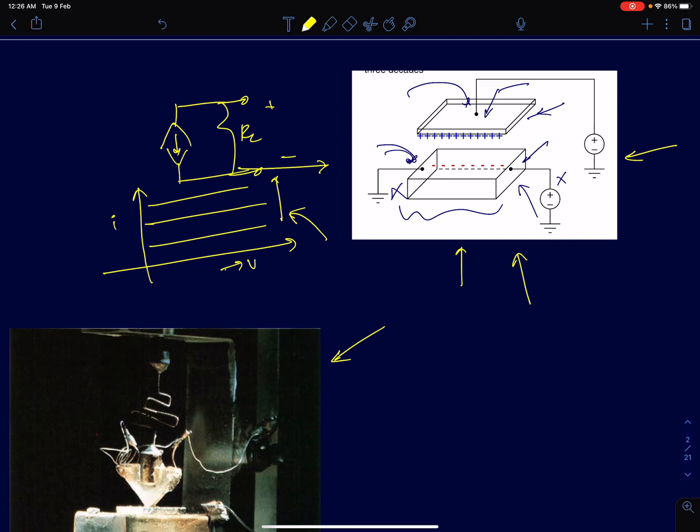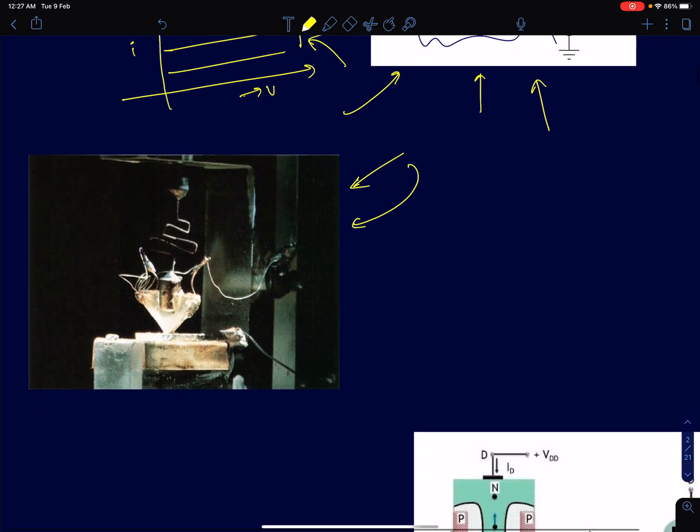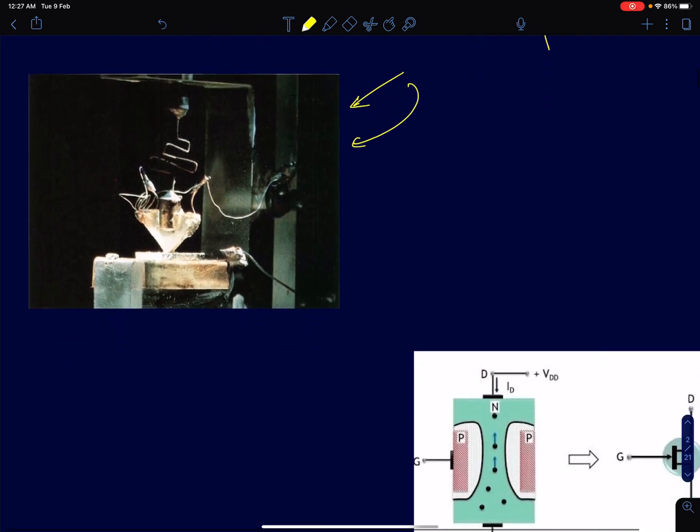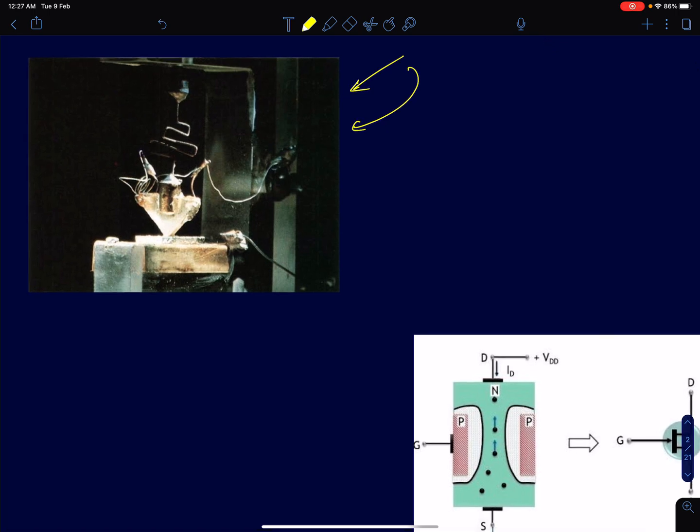In the process, the engineers at Bell Labs started by building a field effect device, but eventually landed up with a point contact transistor. From the point contact transistor, around 1947-48, William Shockley thought of the idea of a junction transistor, which eventually is your bipolar junction transistor. So this was in the late 1940s and early 1950s.